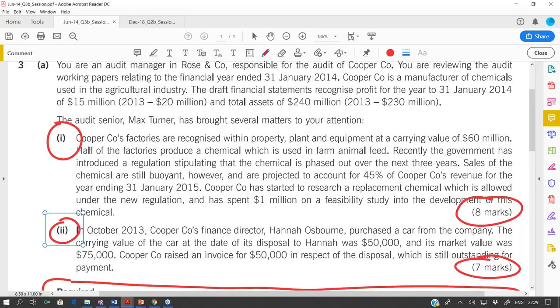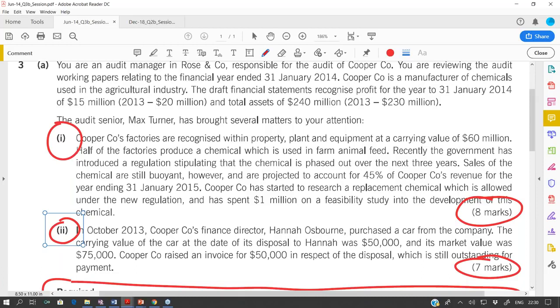4.5. Because for one accounting treatment, I have 1.5 marks for the materiality of the accounting treatment, 1.5 for the treatment, and for the risk of the accounting treatment, another 1.5. So I can see the 8 marks, right? From the 8 marks, I can deduct 4.5 marks straight away, because obviously there will be an MTR in the one situation. And can I see the 7 marks in situation 2? From the 7 marks, I can also deduct 4.5 marks.